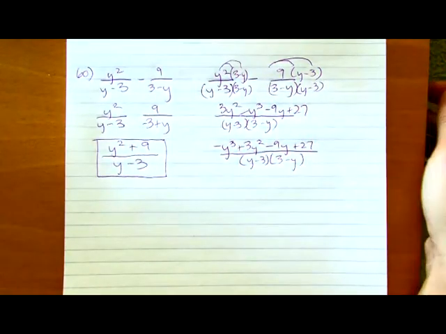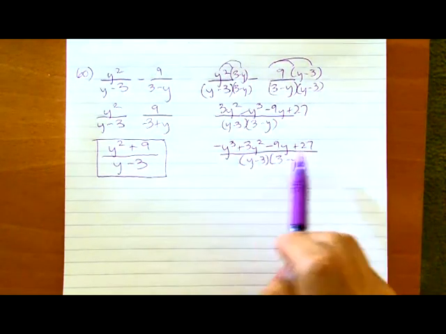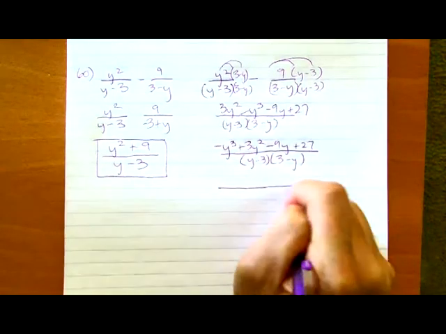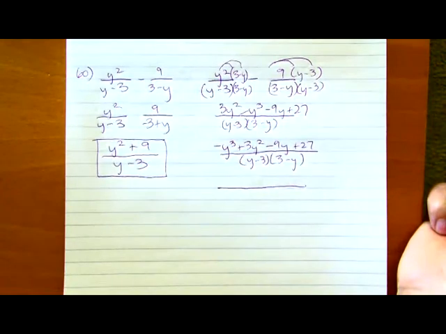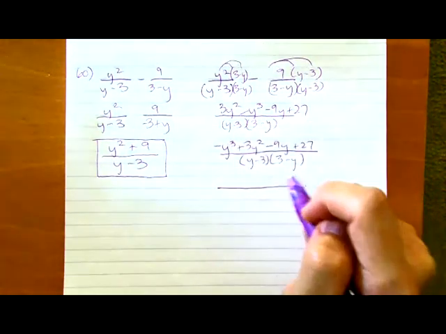Okay, since there are 4 terms, we're going to factor by grouping. These two terms, I'm going to factor out y squared.